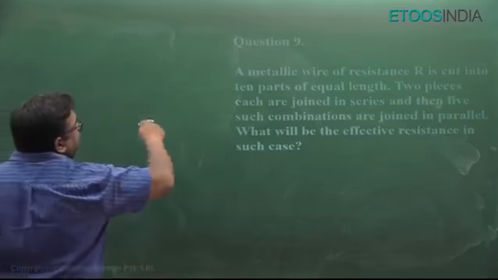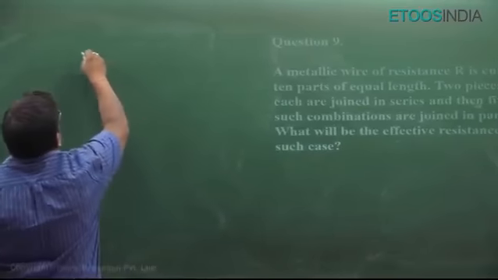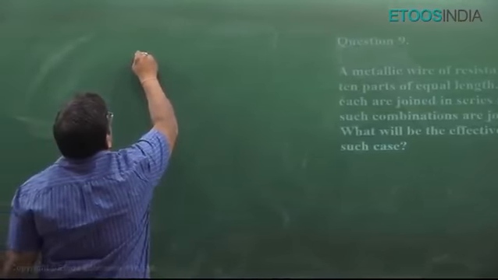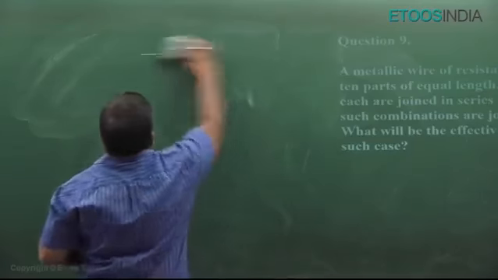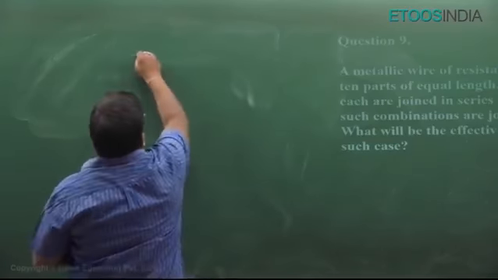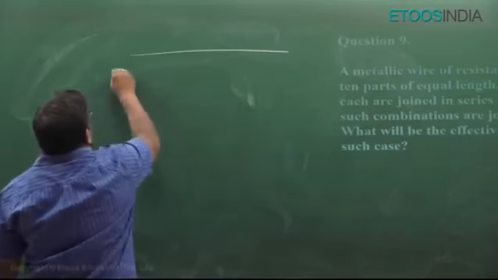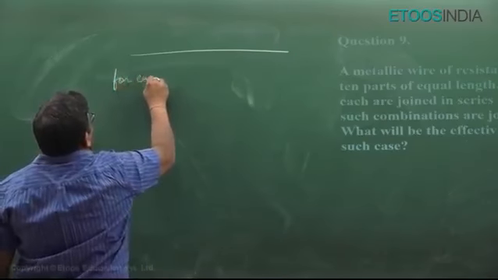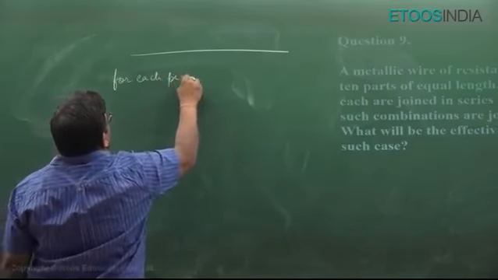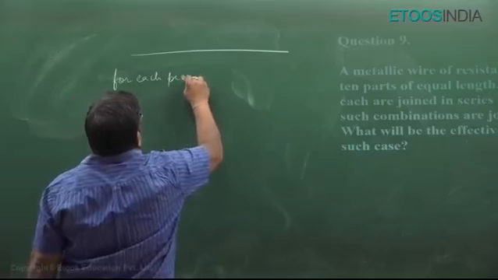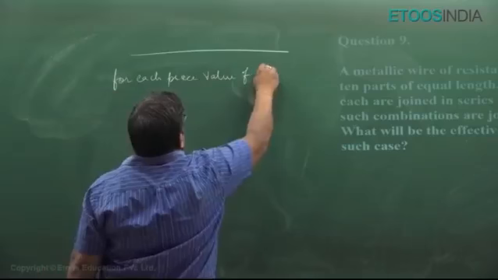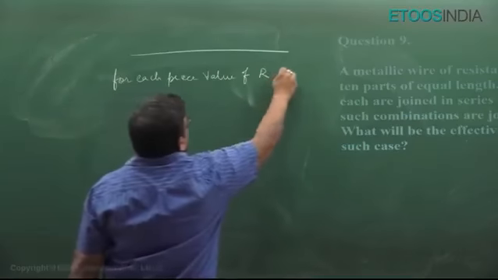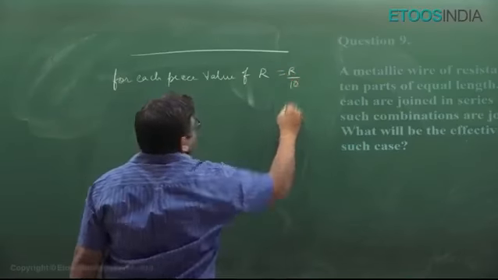So, what does it say? Let it be, if this was the total length, then for each piece the value of R is R by 10.